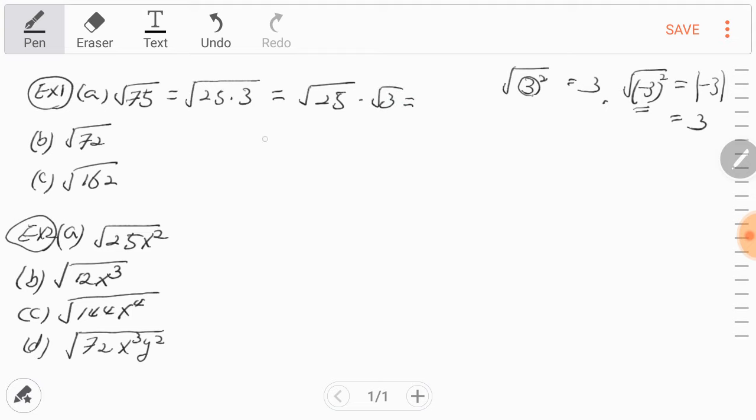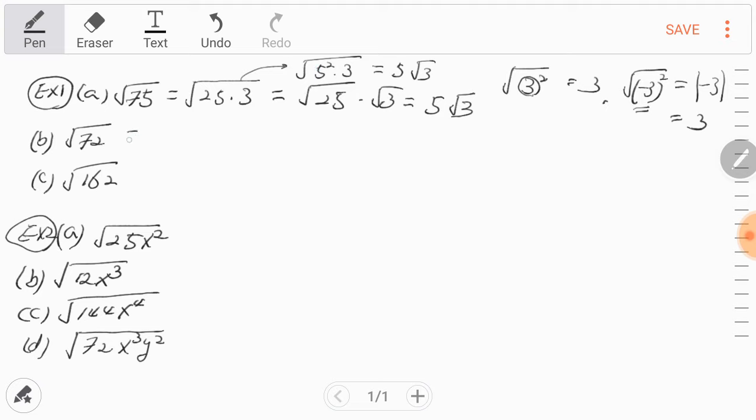The square root of 25 is 5, and the square root of 3 stays inside. Or you can do it this way: the square root of 5 squared times 3. Then you can take the base 5 out, giving 5 square root of 3, because the base 5 has exponent 2.